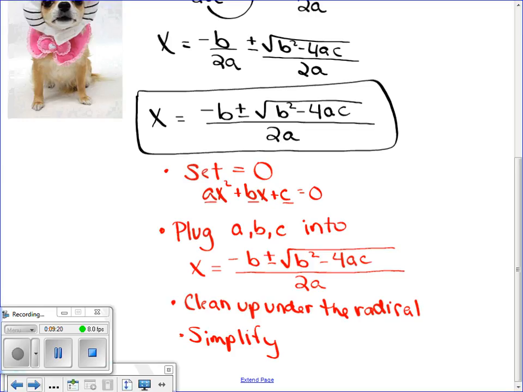So be careful. Notice this fraction bar is underneath everything on the top. It needs to be underneath everything because it means something different. If I did not write it underneath this minus b, then I would be taking this number and then this answer divided with this, which is not the same thing. So be very careful how long that fraction bar is as well.